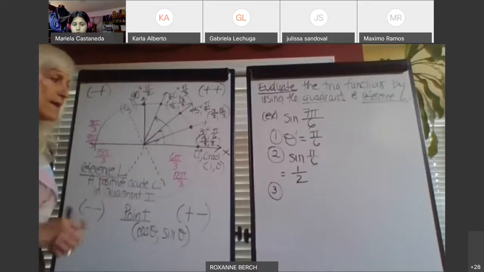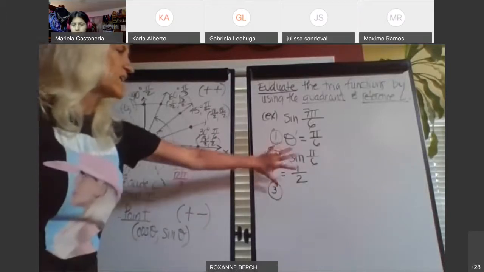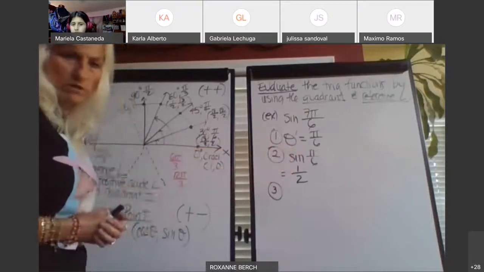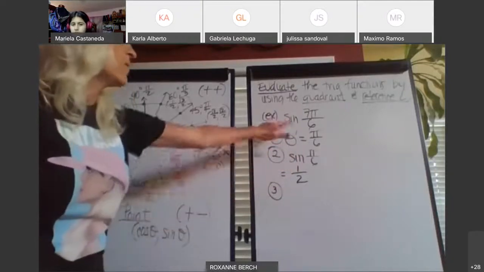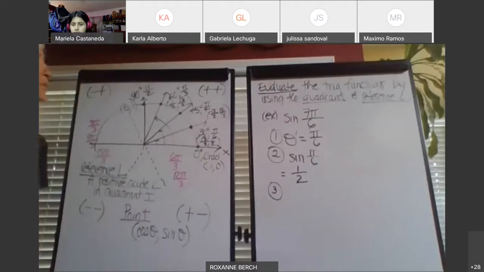So we're not done, because what we did is we evaluated the reference angle. But we don't want the reference angle. We want 7 pi over 6. So if you look back over here and disregard everything up here, divide the top into 6 parts.